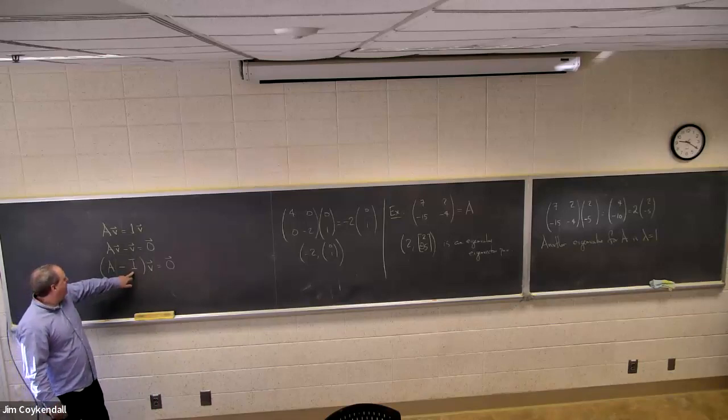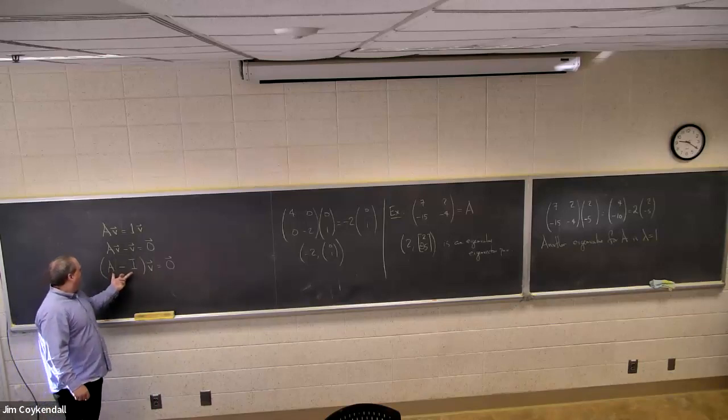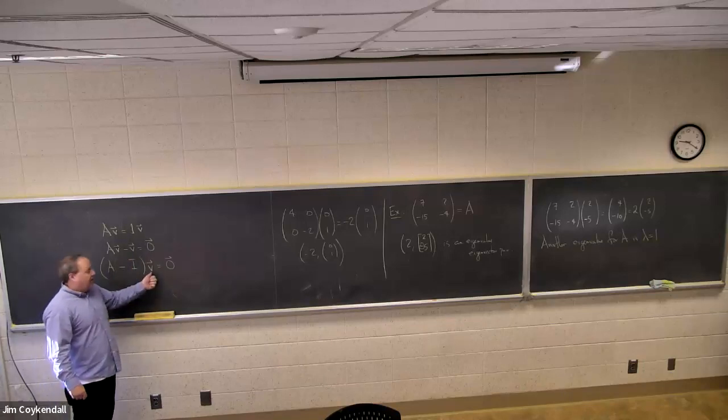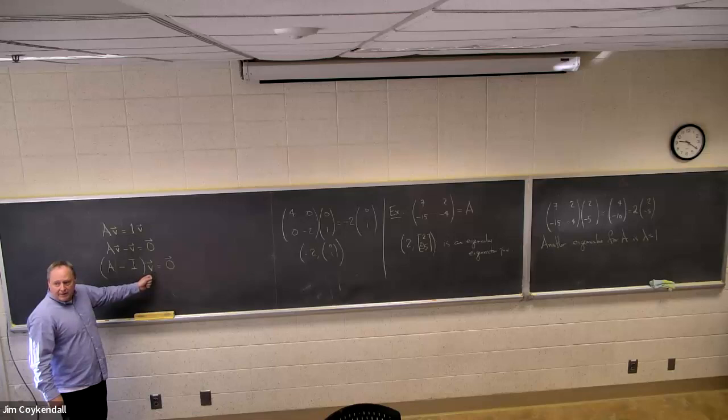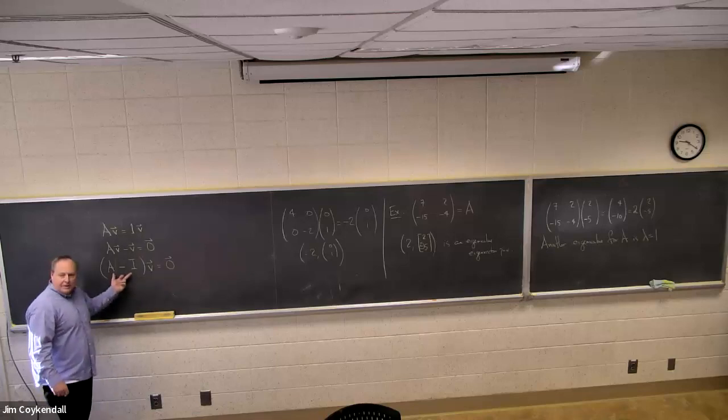Now, for this matrix to have an eigenvector, remember, this has to have a non-trivial solution, for some b not 0. Everybody okay with that? If b is not 0, this is a non-trivial solution to this homogeneous system, right? So what does that mean about the determinant?